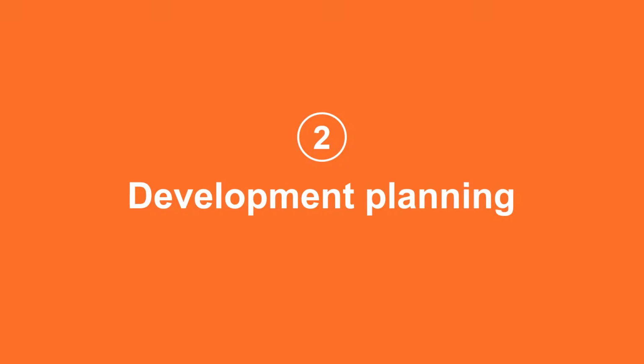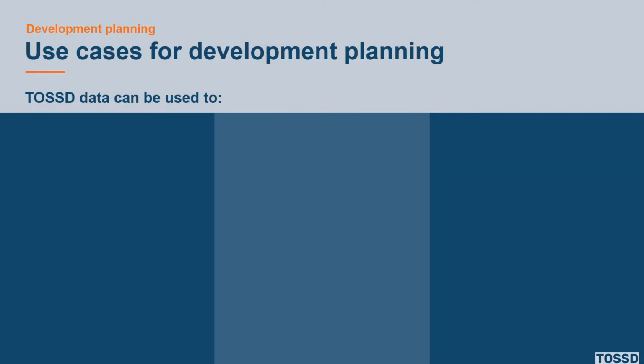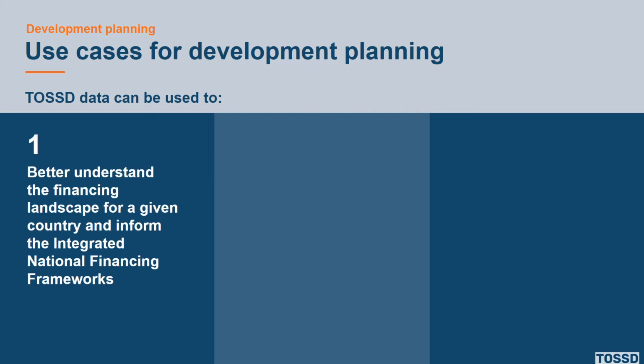This section is about how to use TOSD for development planning. We have some case studies for development planning. For example, we can look at how to better understand the financing landscape for a given country and inform the integrated national financing frameworks, how to compare countries, and how to support donor coordination.